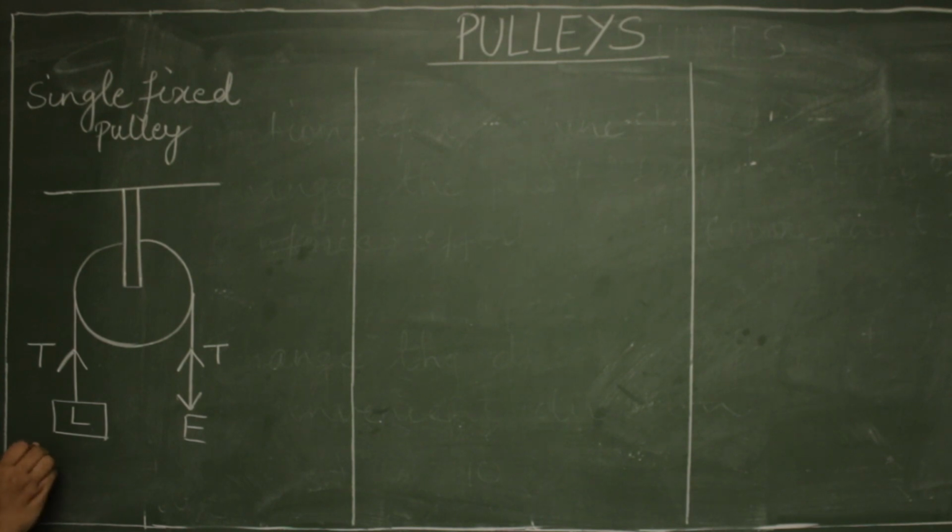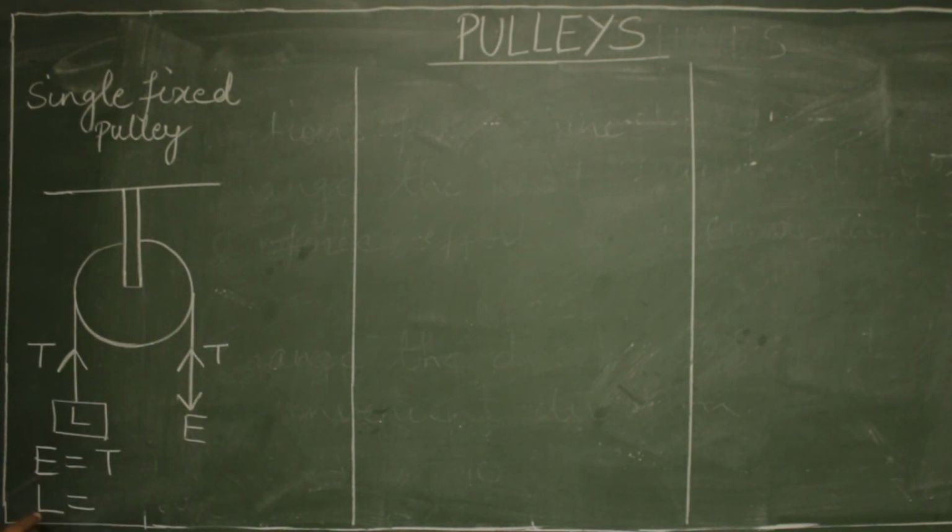So we can write the effort is equal to tension T, which is acting on this rope, and load is also equal to T acting on the other rope. The direction of effort is definitely downwards, as well as the direction of load is also downwards because of the force of gravity.